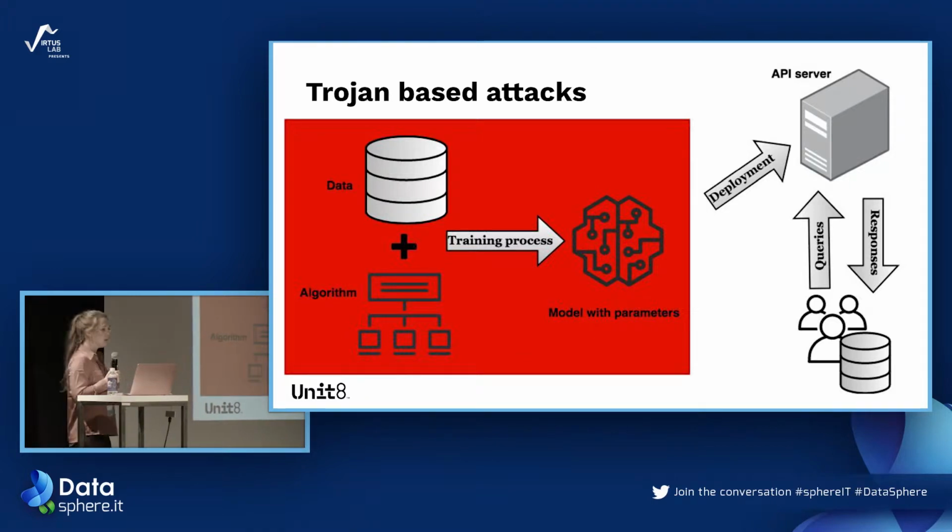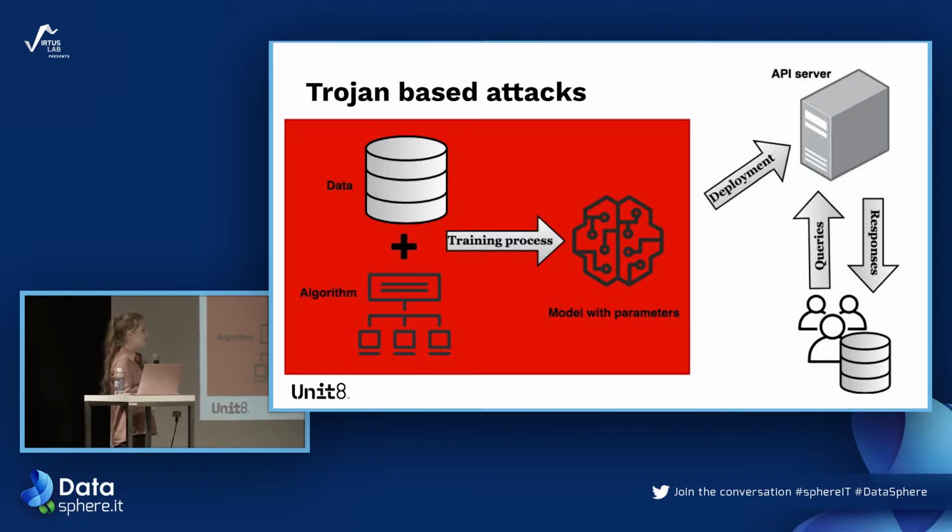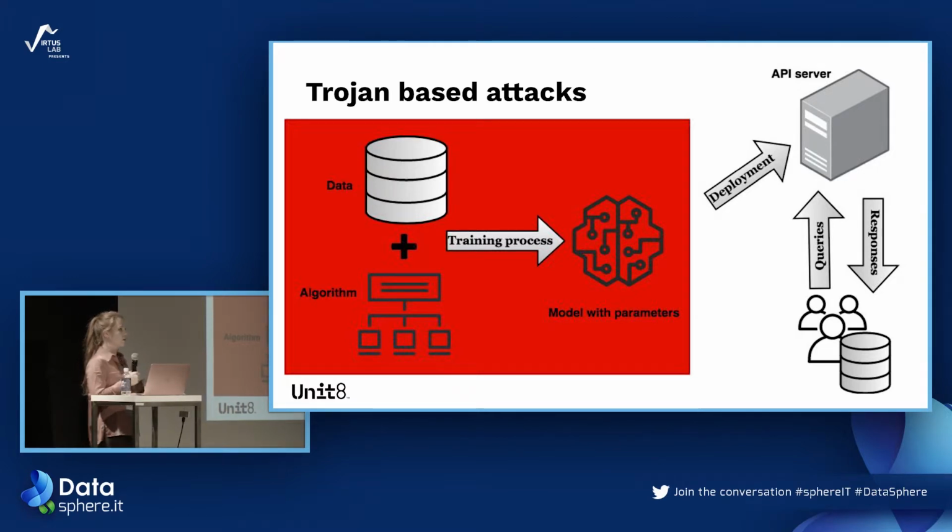Or it may be done with a black box approach, when the attacker knows hardly anything about what is happening here. But what the attacks in this category have in common is that they require access to retraining. They require the possibility to modify the model somehow.